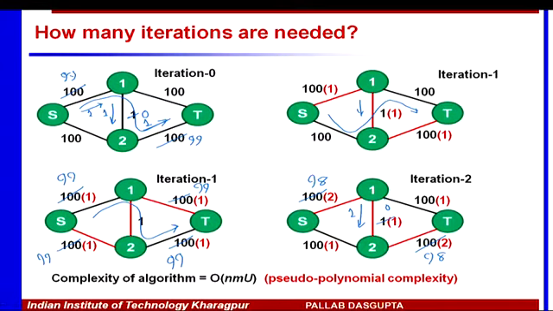So, how many iterations are we going to need if we choose the paths in this way? About 100 or 200, right. Now, there is a thing which is written below, which is probably the most important thing in this whole discussion.